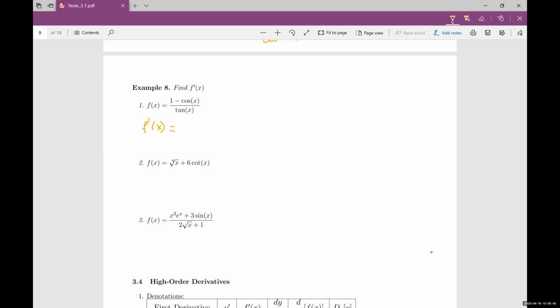f prime of x here is going to be the derivative of 1 minus cosine of x, multiplied by tangent of x, minus the derivative of tangent of x, multiplied by 1 minus cosine of x, and everything divided by tangent squared of x.